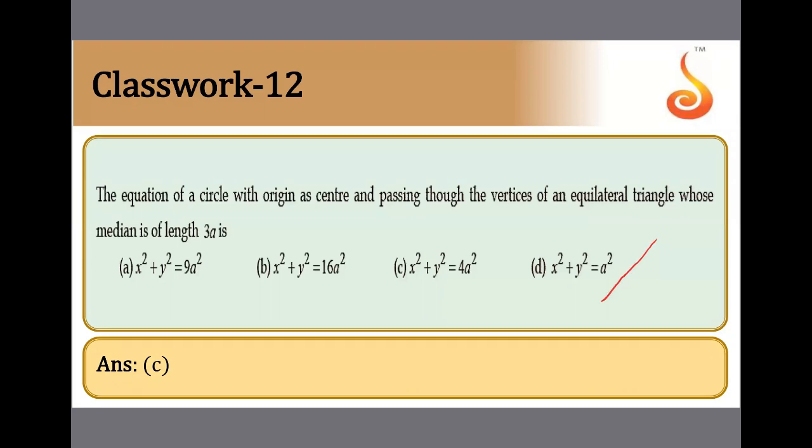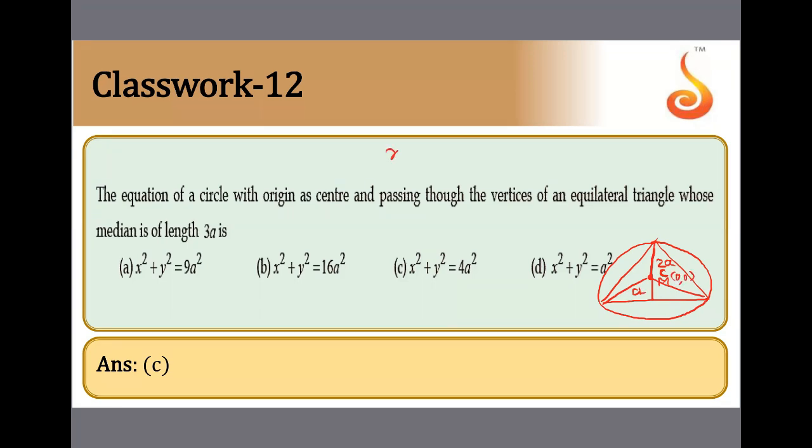If any triangle is there, an equilateral triangle, the median is divided in a 2:1 ratio. You already studied. So this is the circumcenter. In an equilateral triangle, everything will coincide. So this becomes 2a, this becomes a, this is (0, 0).